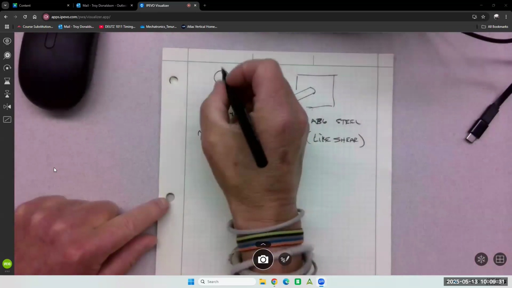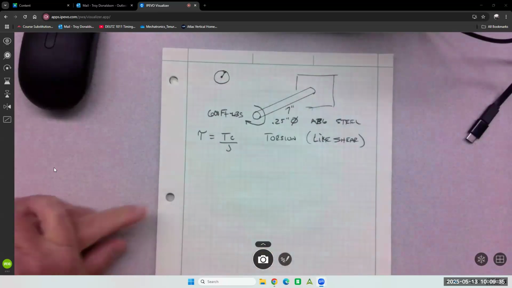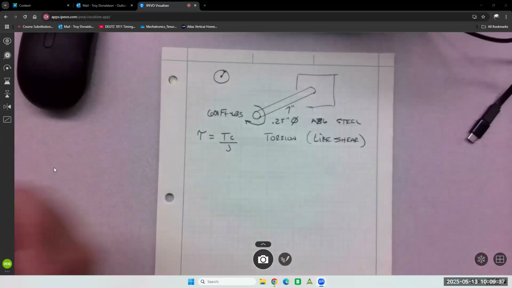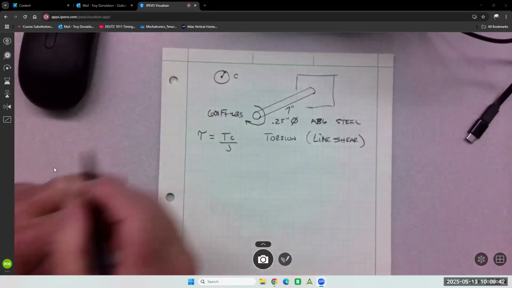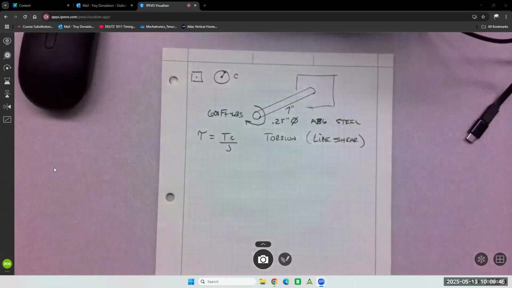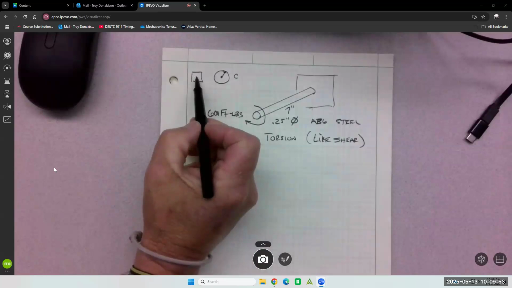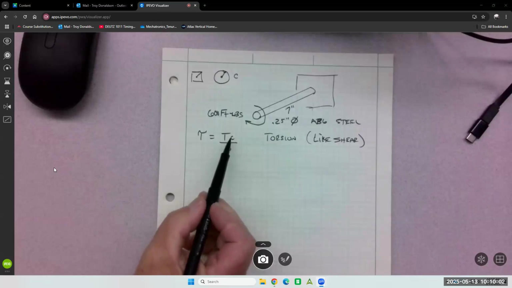So when we look at the cross section, C is the distance from the center to the outermost fiber, C. So if it was a square shaft, where's the distance from the center to the outermost fiber on a square? Yeah, the corner. That would be C. So it's the largest distance that you can find in the cross section. That's what C is.